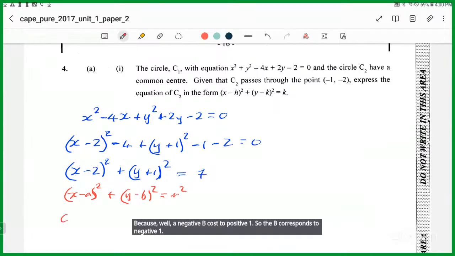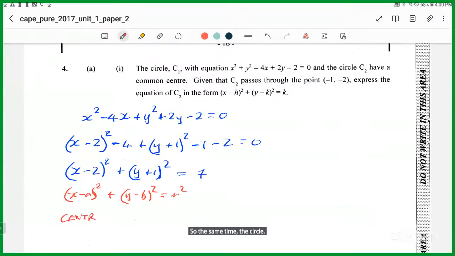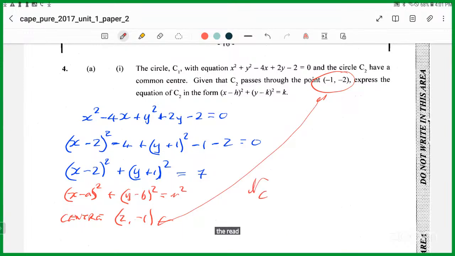So the center on this circle is 2, negative 1. But it's the same center on circle 2. But circle 2 also passes through this point. So the distance from this center to this point is the radius of circle 2.